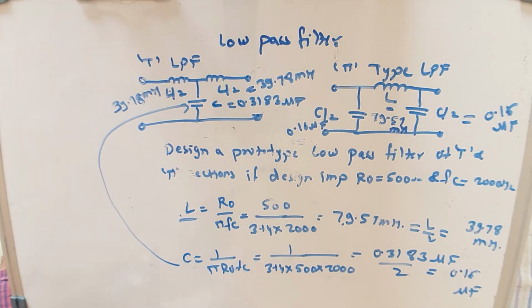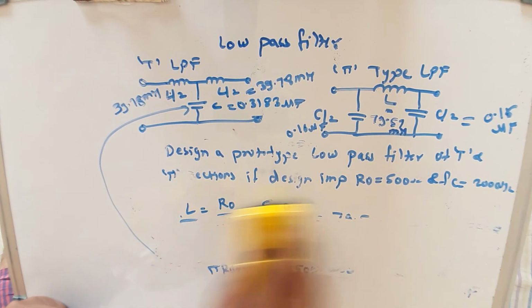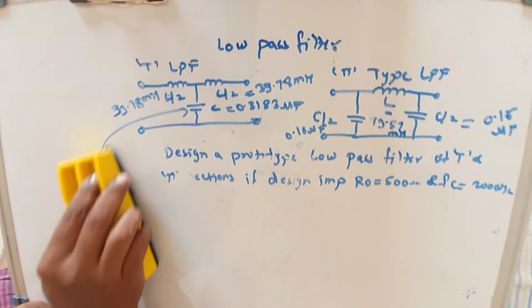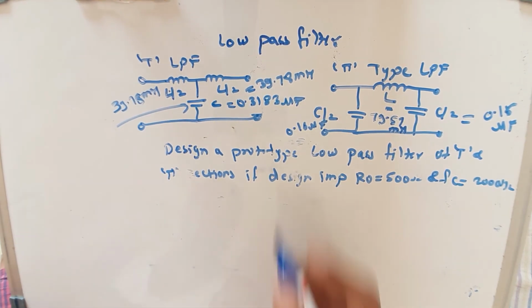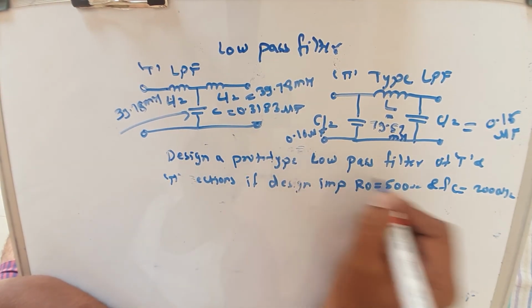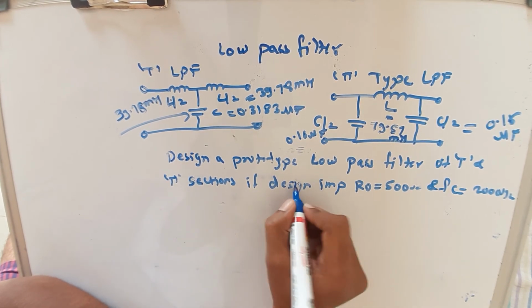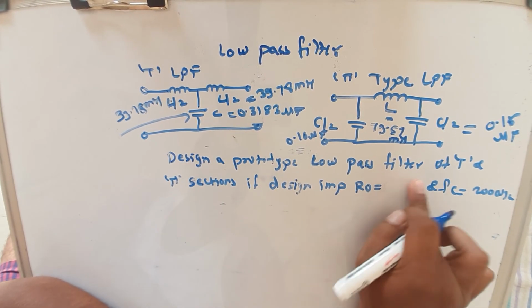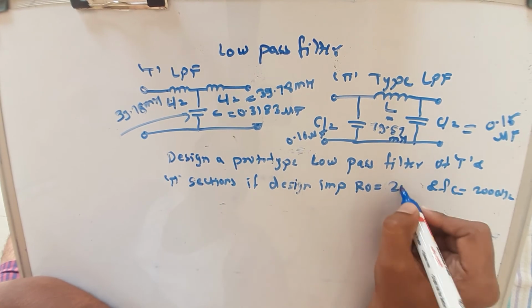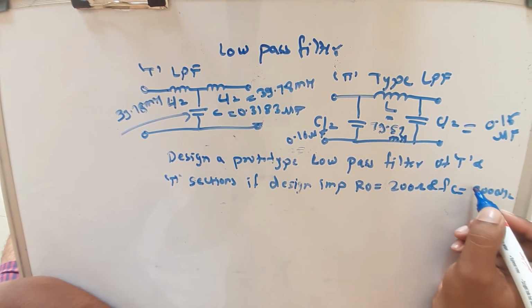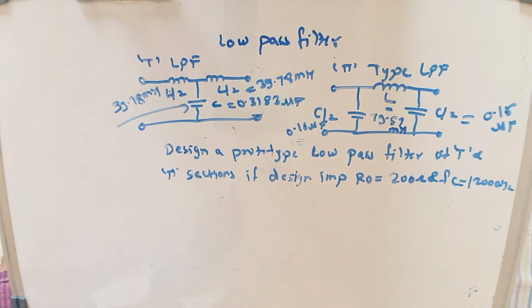Similarly, the student will also solve one more problem. Design a prototype low pass filter of T and pi sections with design impedance R0 equal to 200 ohm and cutoff frequency 12,000 hertz.